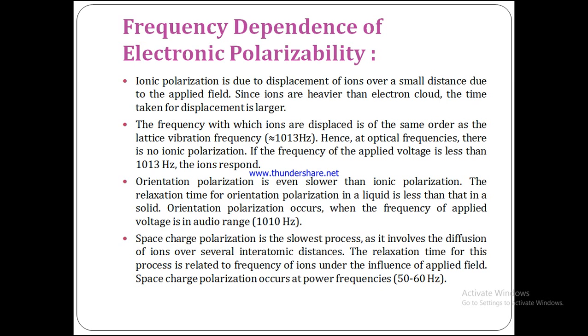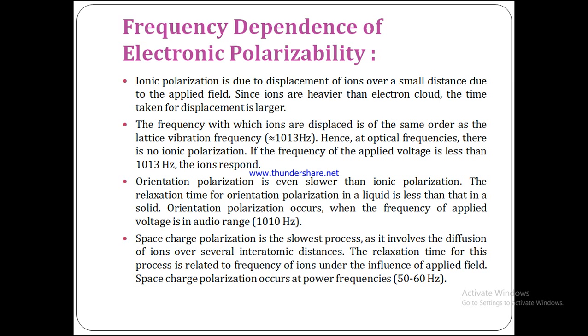The space charge polarization is the slowest process as it involves the diffusion of ions over several interatomic distances. The relaxation time for this process is related to the frequency of ions under the influence of the applied field.